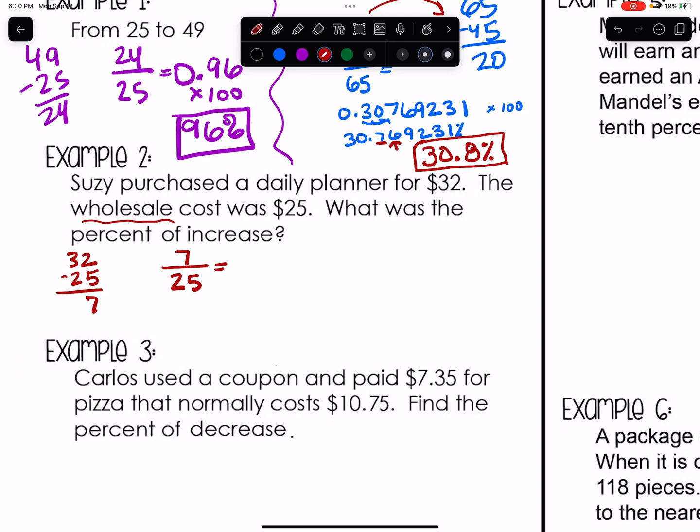You have to really read it and understand it. So the price of the planner started at 25. That's the original price. So we're doing the change, which is 7, divided by the original, which is 25. And you get 0.28 multiplied by 100 to make it a percent. So 28% is what it was increased by.